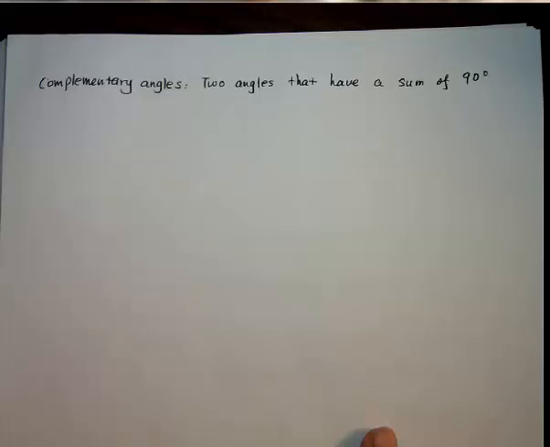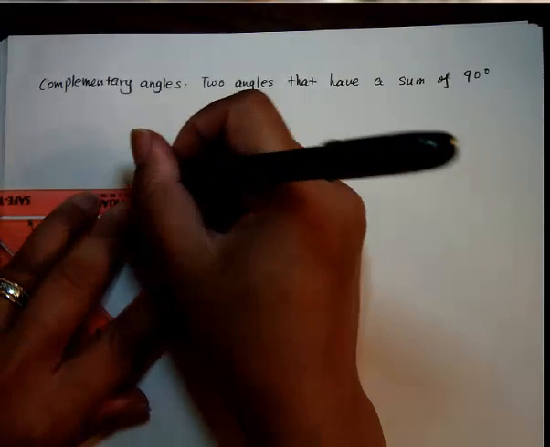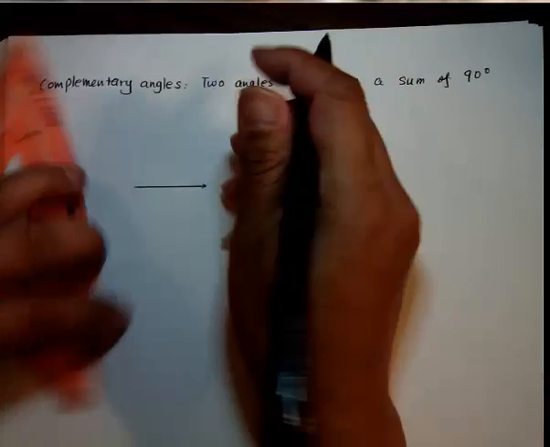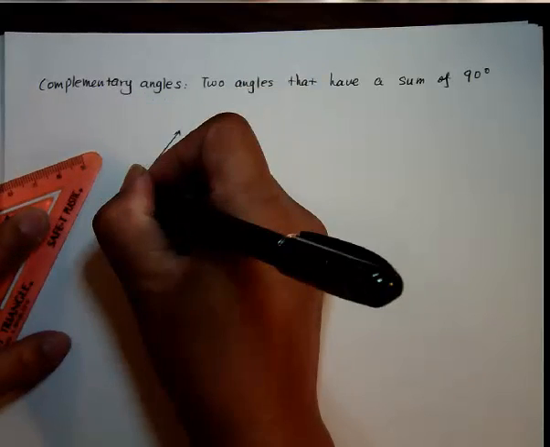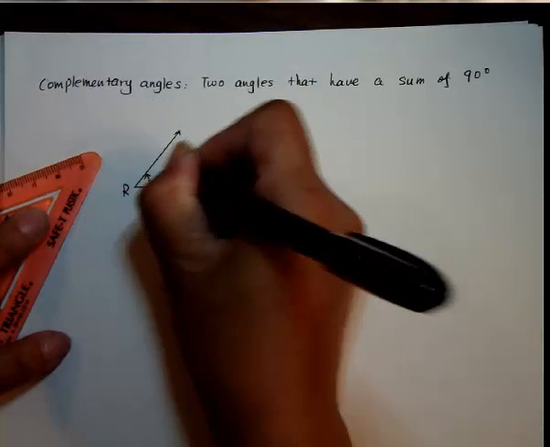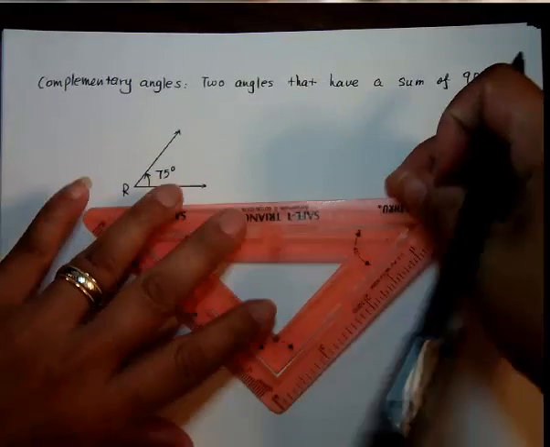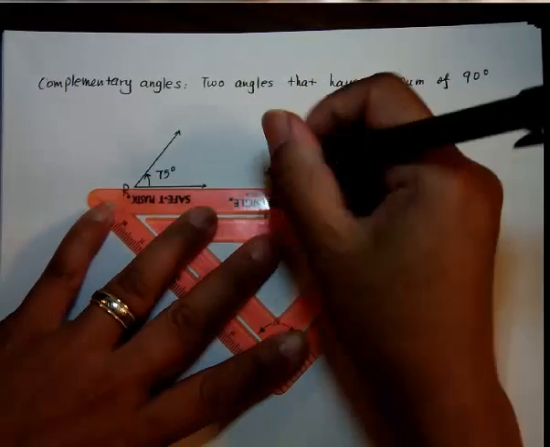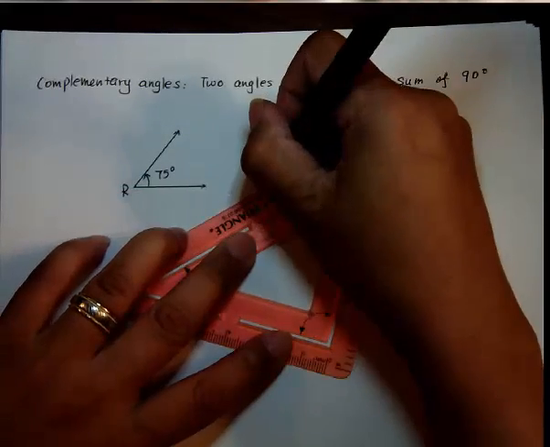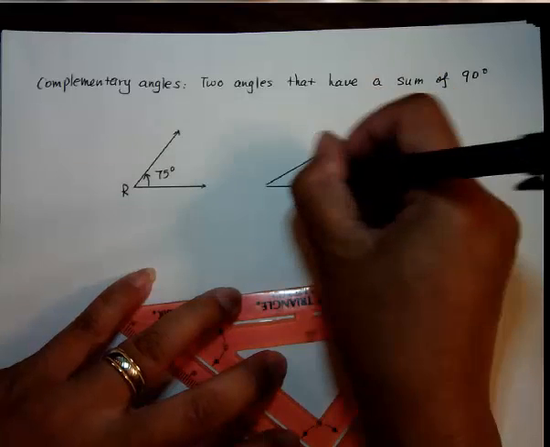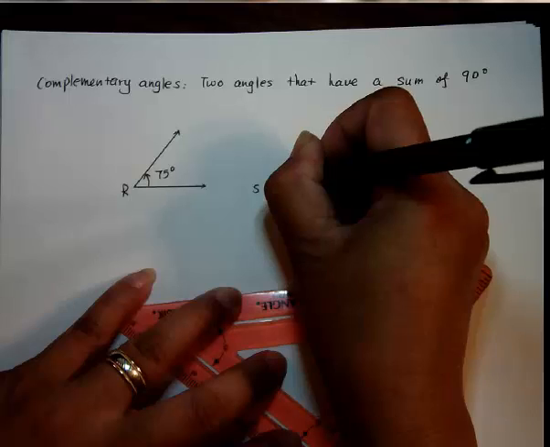For instance, I have angle R. Let's say this is 75 degrees. And then I have an angle S. Let's say it has 15 degrees.